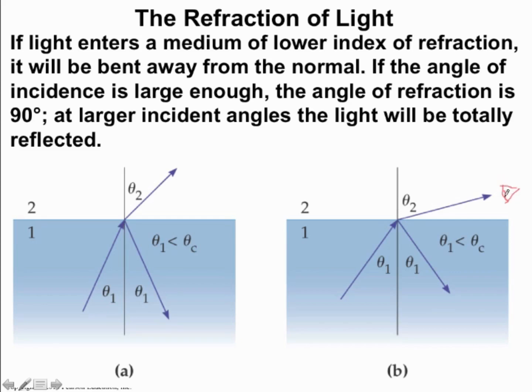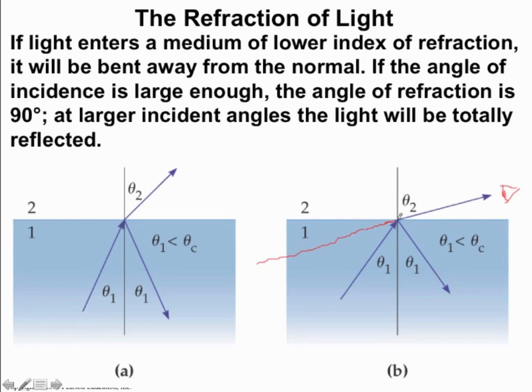Well, if that eye sees this ray, the eye will think that it's seeing something here. Okay, so I'll just do a dotted line. It's kind of hard to draw lines with the mouse here, so you can pretend that's dotted.